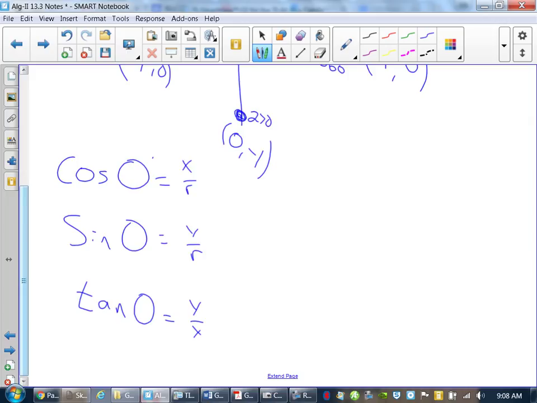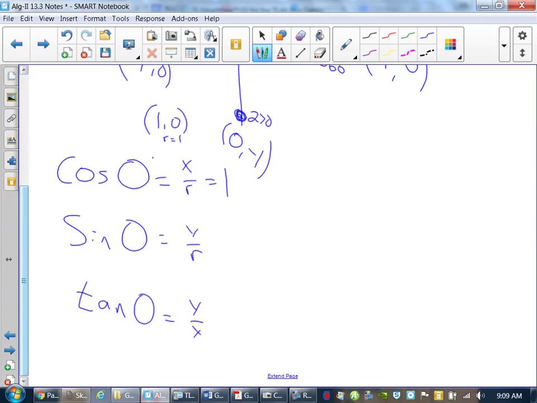At 0, the ordered pair was 1 and 0, and you had a radius of 1. So what's 1 divided by 1? 1. So cosine at 0 is 1.